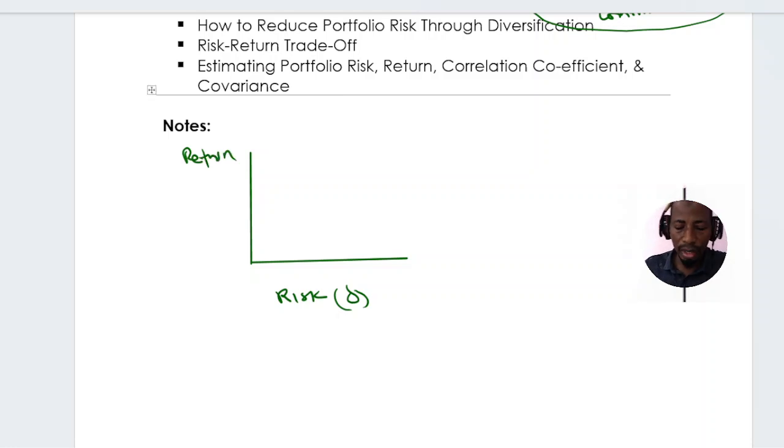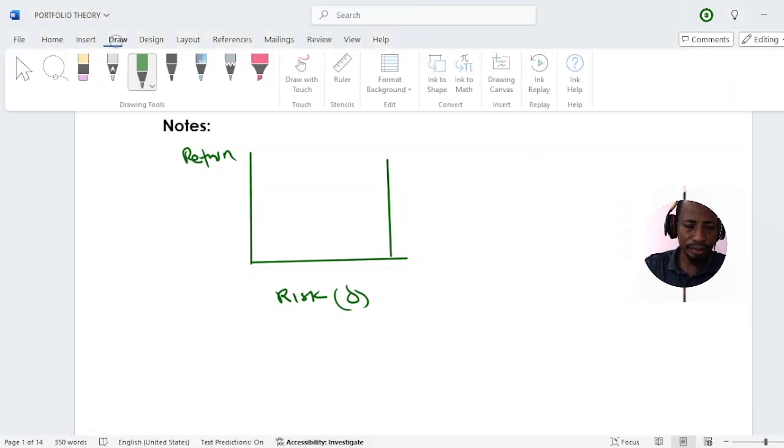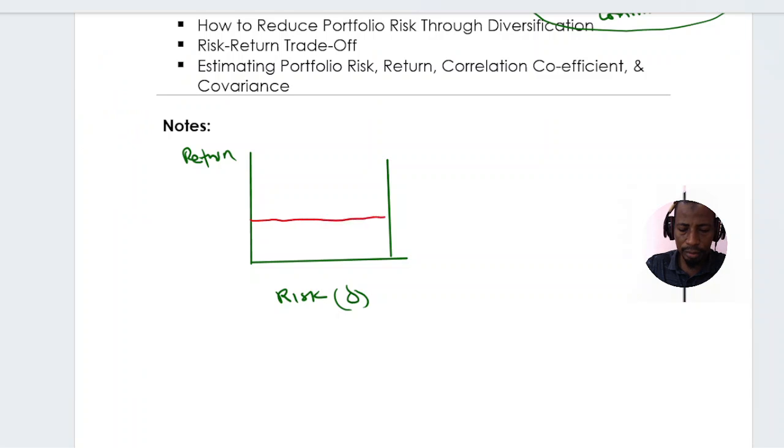Okay. Now, let's draw another line. Let's complete the graph. Let me use another color. This is return level 1.